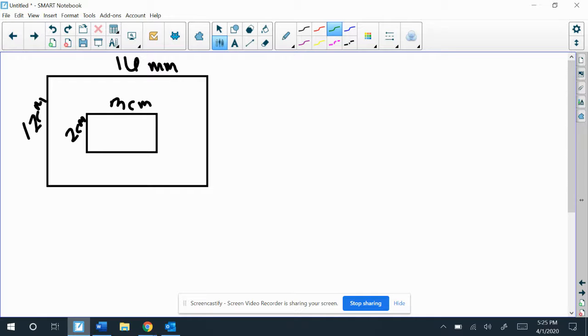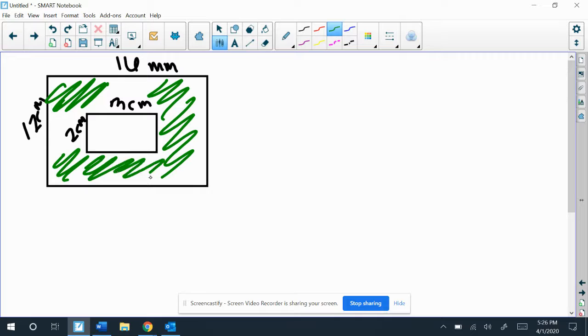I have a park, and in the middle of the park, there is a sandbox. I want to know how much grass I have around the sandbox. So there's really three steps to figuring this out. Step one is to find the area of the big one.